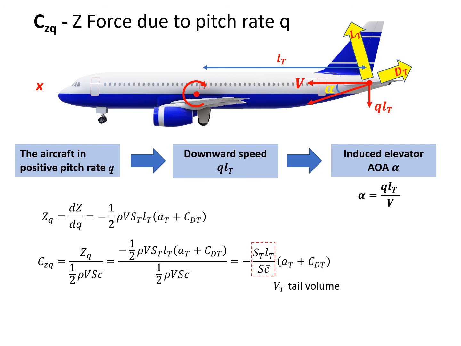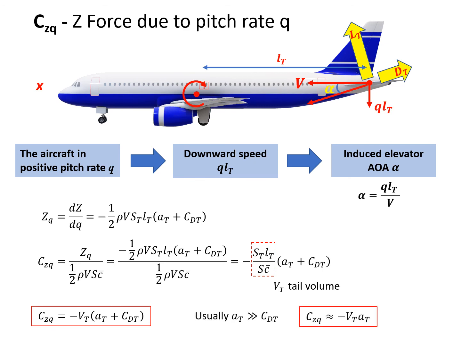Similarly, ST LT divided by S C bar is the tail volume, because ST LT has a dimension of volume, and the tail volume is actually a ratio between the elevator volume and the wing volume. Then CZQ can be approximated by minus VT, the tail volume, times AT plus CDT.